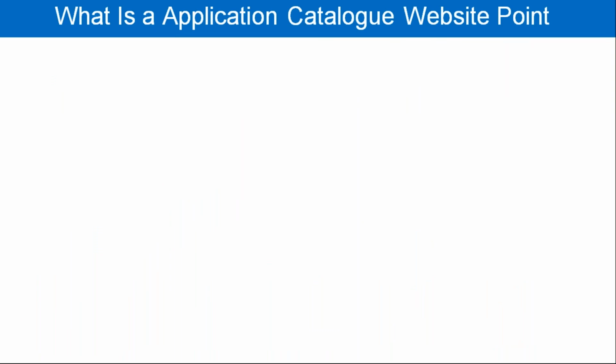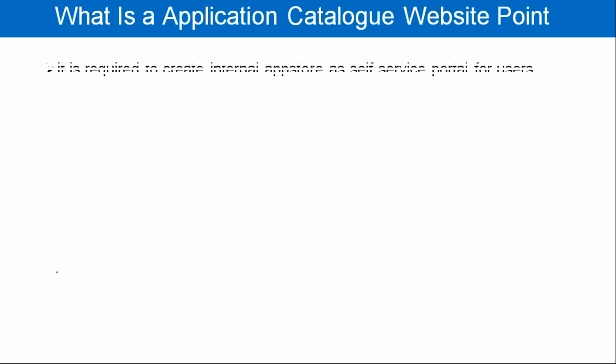Now, application catalog website point. Application catalog website point is to create a website, and users in your company can go to that website and download the content. So just like self-service portal, guys.